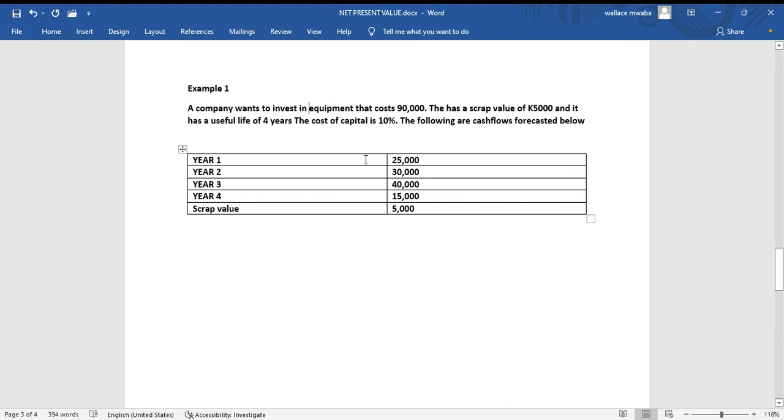So basically, we have to use the net present value to evaluate this investment.